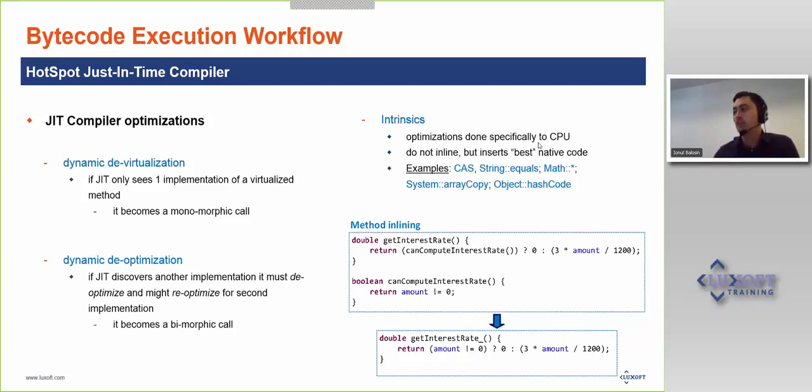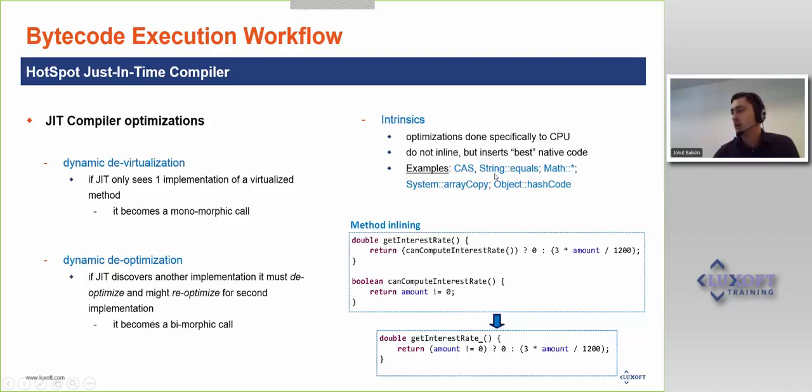I don't think there are many cases nowadays when compare and swap is not implemented in hardware. The just-in-time compiler should rely on the hardware implementation. It is not needed anymore to inline the method itself, but to insert the best native code.